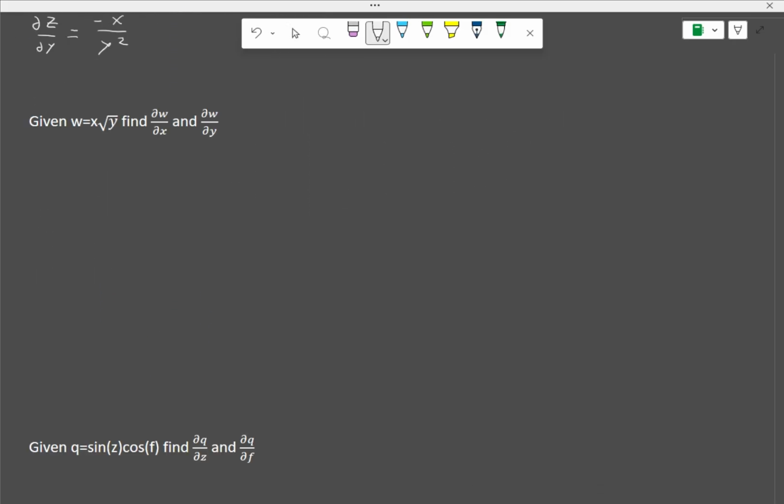Now what if you have a square root? So first we will solve for the partial derivative with respect to x. So that will just be the derivative with respect to x of x square root y. Now we can pull out the square root y because we can just treat it as a constant.